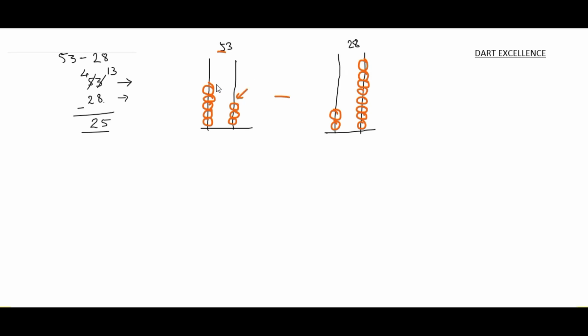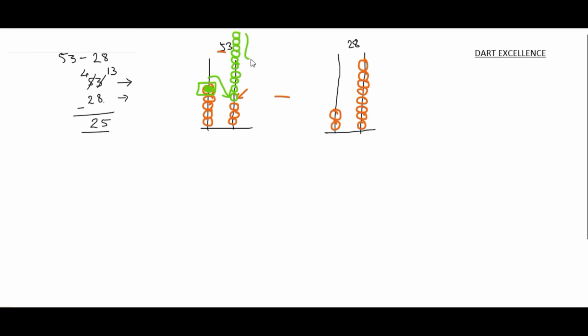So what we will do, in tens wire we will borrow one tens bead and transfer it to the ones wire. But we know in ones wire every bead represents one unit. So one 10 bead will represent 10 one beads here.